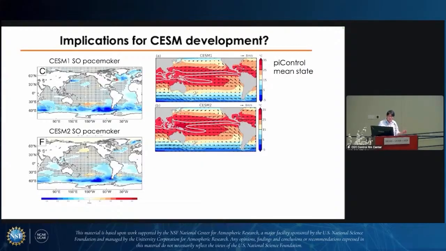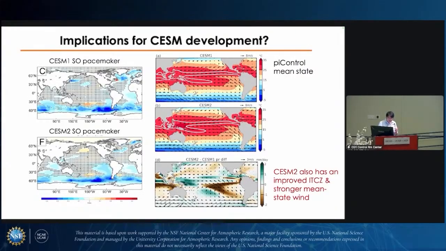I just wanted to quickly show that CESM2 is also one of the models that has a much better ITCZ mean state and stronger trade winds in the tropical Eastern Pacific region, which, according to our slab ocean runs and the intermodel regressions, can also contribute to this subtropical Eastern Pacific SST cooling response.